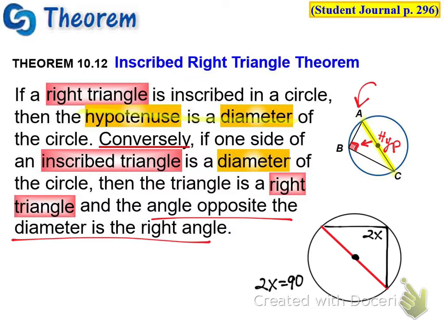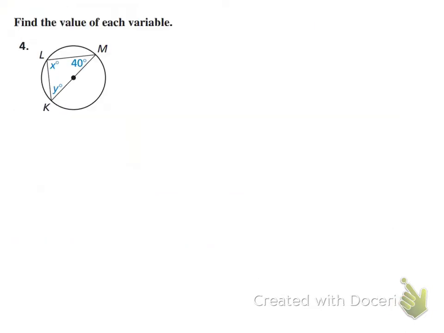What did we say? It's a right triangle because this is the hypotenuse. Across from the hypotenuse will always be the right angle. So that's what you're setting up for. Okay? Knowing that the right angle is across from your diameter. Okay, so we're going to go to the next page to practice it and then come back for the last theorem.